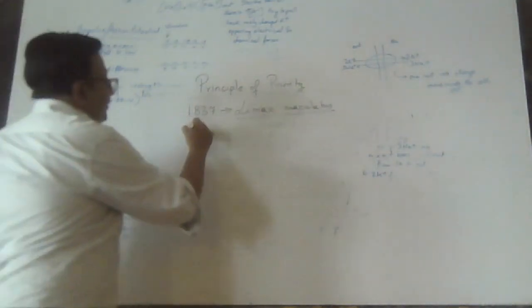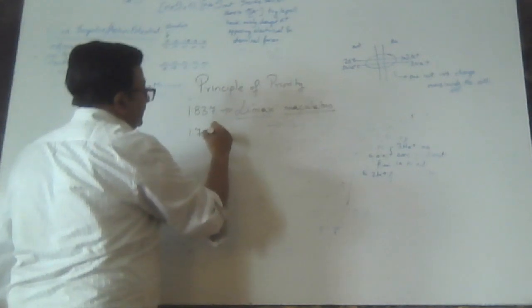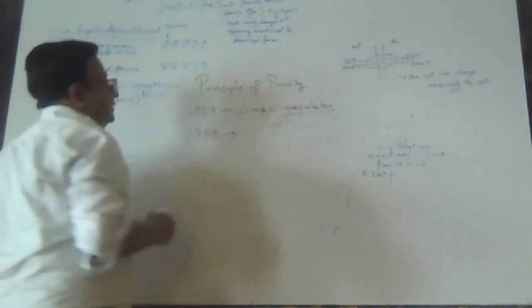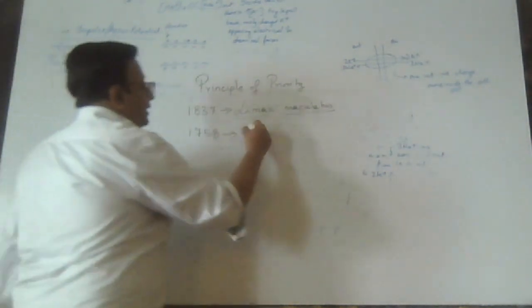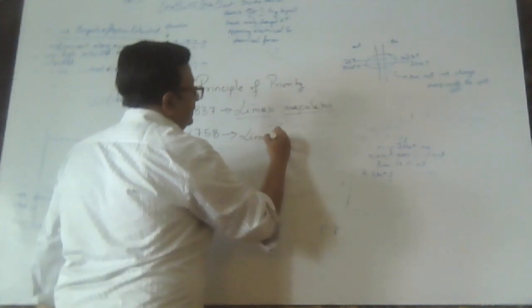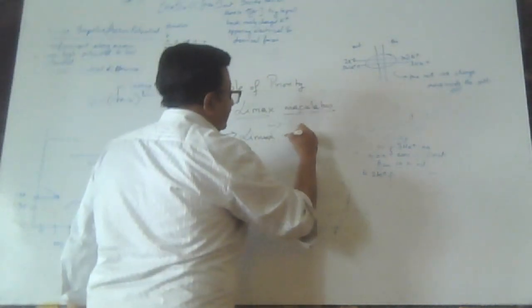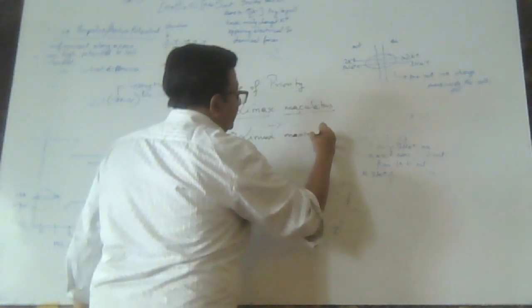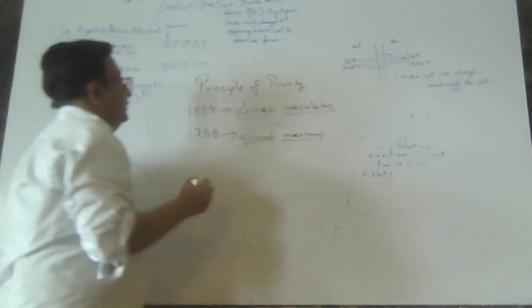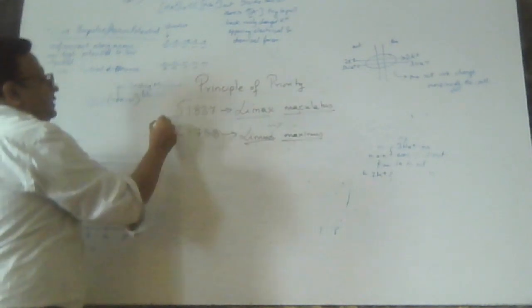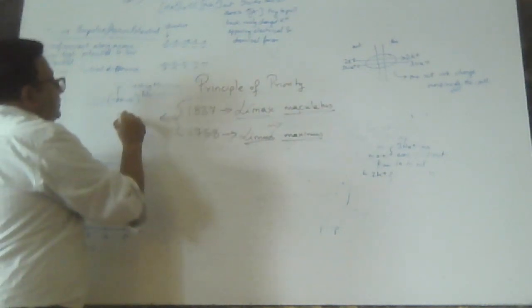In 1758, the same snail was given the name Limax maximus. The same species was given two names.